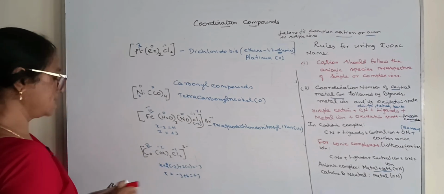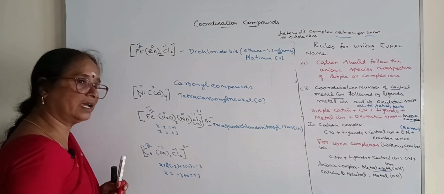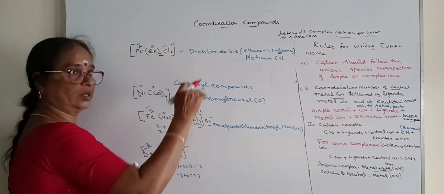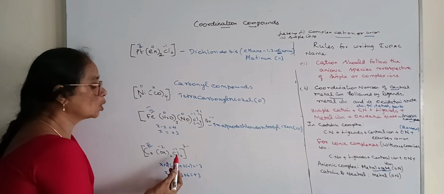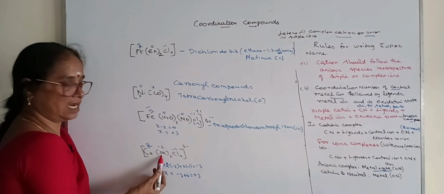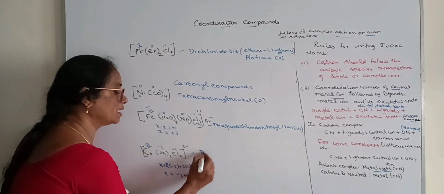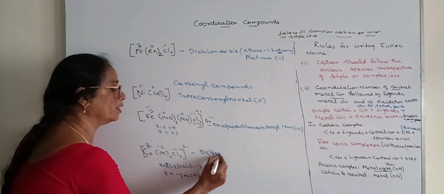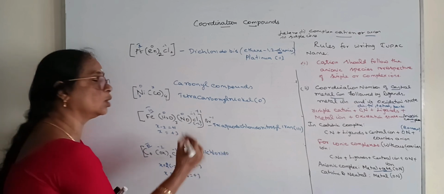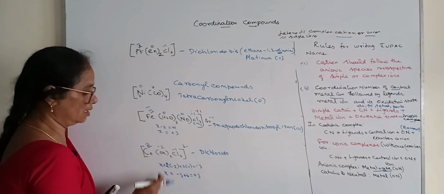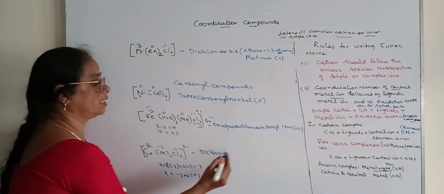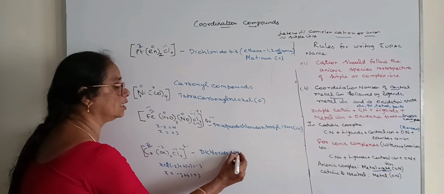Now let us write its name. Once again, the IUPAC name follows alphabetic order for heteroleptic complexes. Chloride followed by oxalate. So the name of the complex is dichlorido, negative ligand, so it is chlorido. Oxalate is also a negative ligand. How many times do I have it? 2 times. So dioxalato.